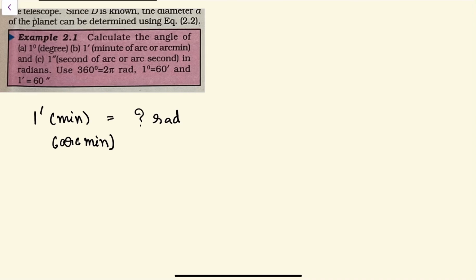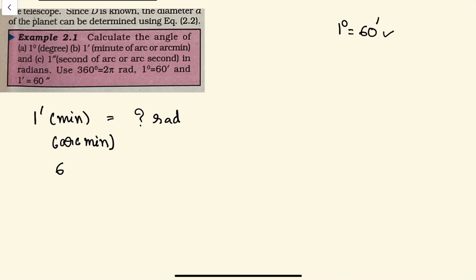We should first know that 1 degree is equal to how many minutes. For your information, 1 degree is equal to 60 minutes.